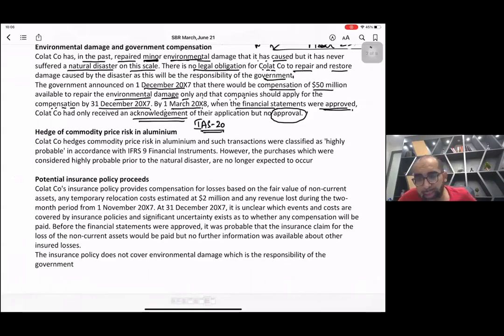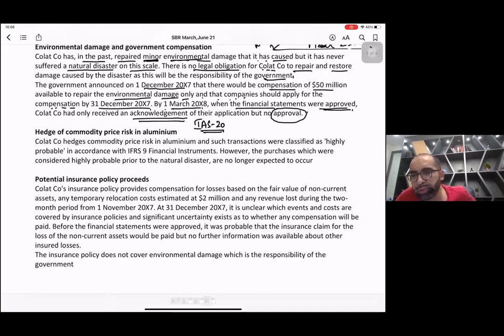In my PDF files, this issue is available. Discontinuation of hedge accounting. Believe me, I've taught this. They are asking only one case. I taught 2 cases in class. In reality, there are 2 cases. And one more interesting thing, even in your Kaplan study text, this case is written.